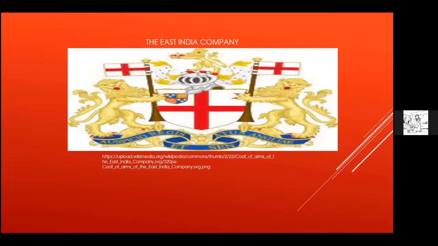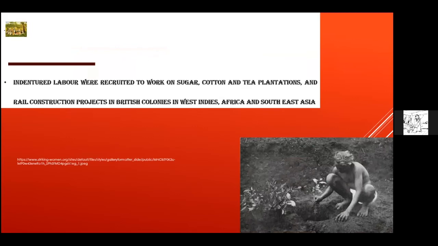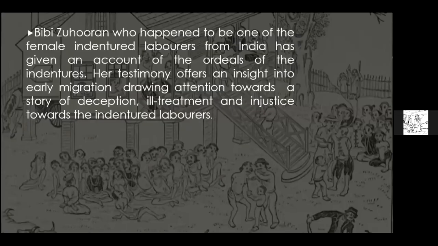Now I shall be talking about the case of Bibi Zahuran, who was one of the female indentured laborers from India. She has given an account of the ordeals of indentures. Her testimony offers an insight into early migration, drawing attention towards a story of deception, ill treatment, and injustice towards the indentured laborers.